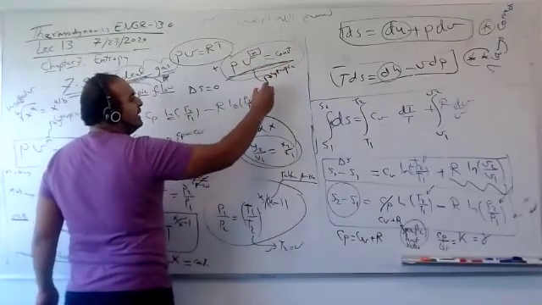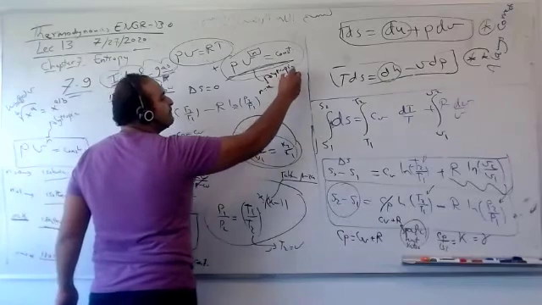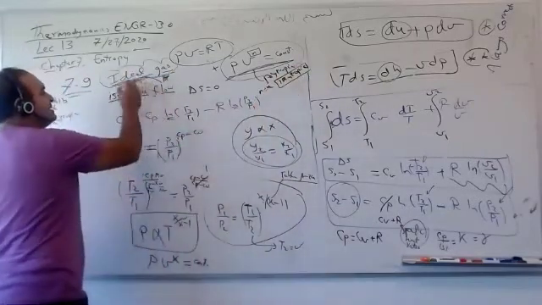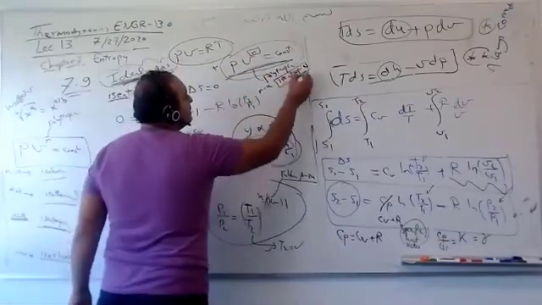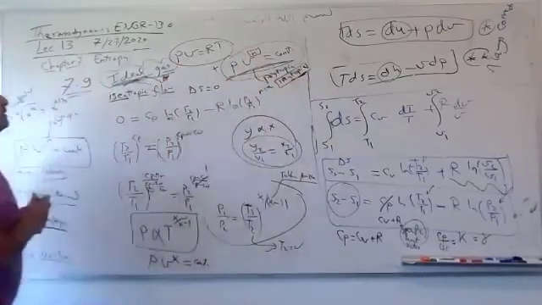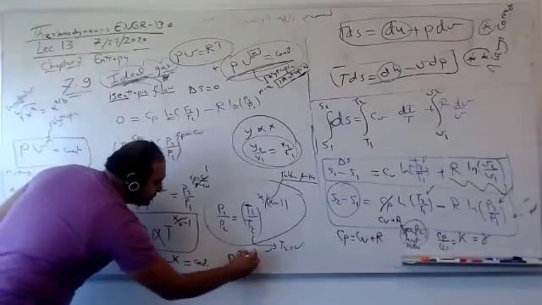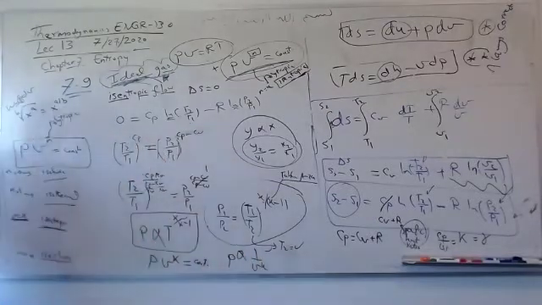If N equals K, we call it isentropic, only if it is an ideal gas and isentropic. So PV to the K equals constant, or P2 V2 to the N equals P1 V1 to the N. This means constant. Or P is inversely proportional to V to the K. This is the same meaning as this one. Okay, guys? Does it make sense for you?